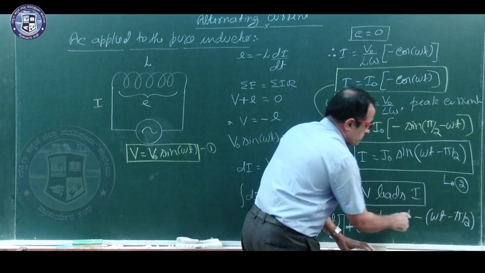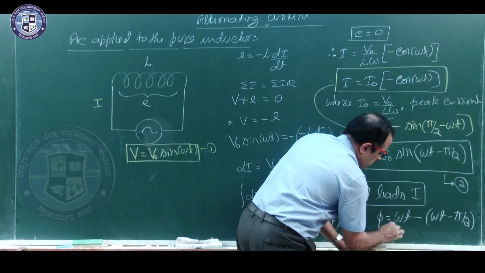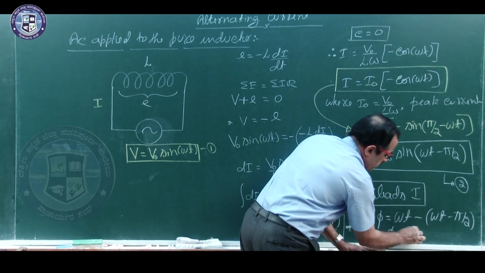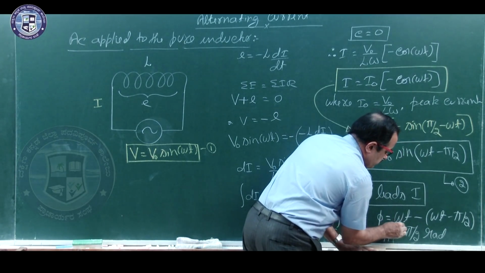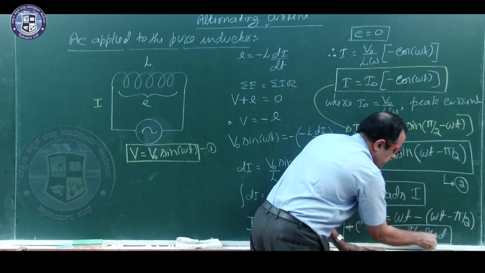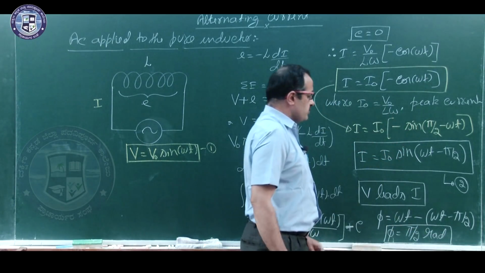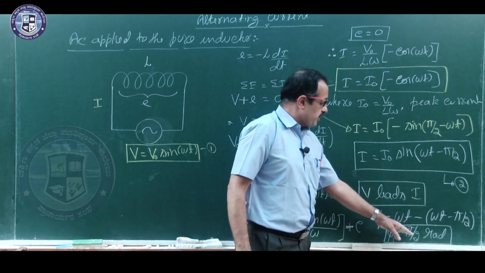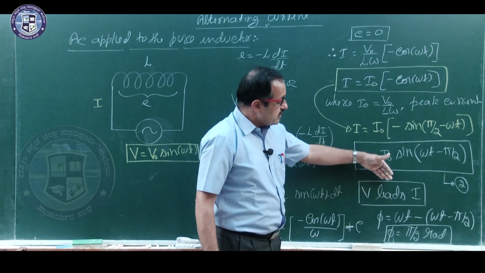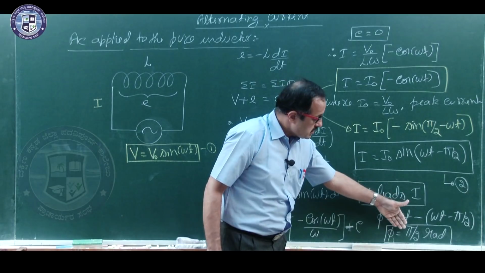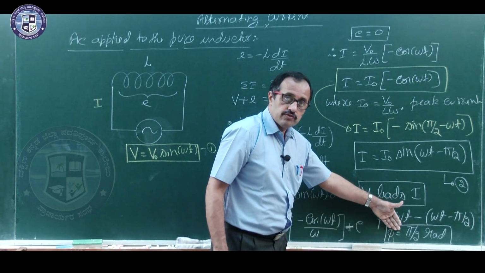Omega t cancels, minus minus plus. Therefore, it is pi by 2 radian. Not phase angle, phase difference. Phase difference is pi by 2 radians. And who is leading? V leads I by pi by 2 radians.